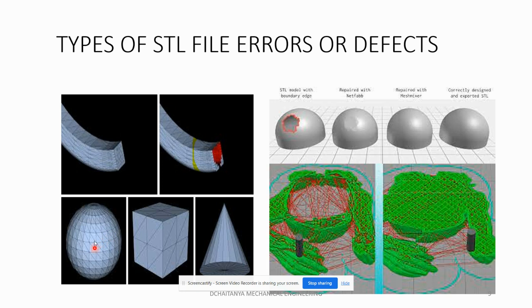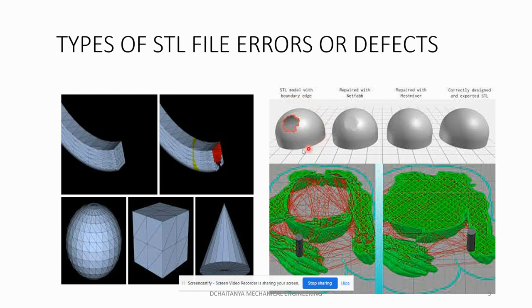You can see there are different triangles and different types of geometrical structures. In American English these are called tessellations. There is a sphere, cube, and pyramid, and different types of examples you can see.